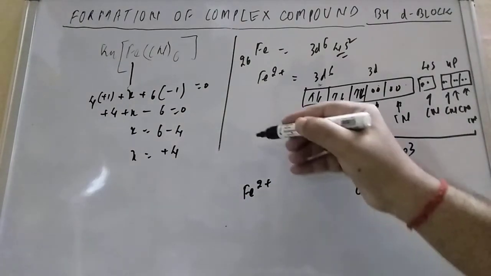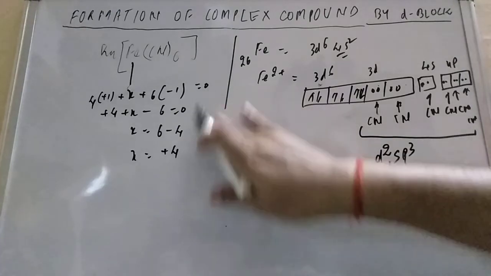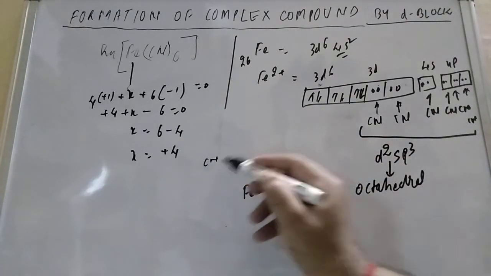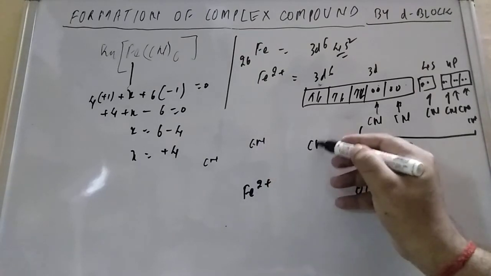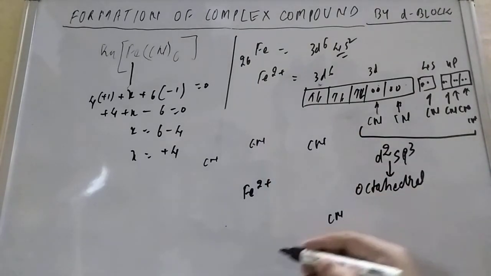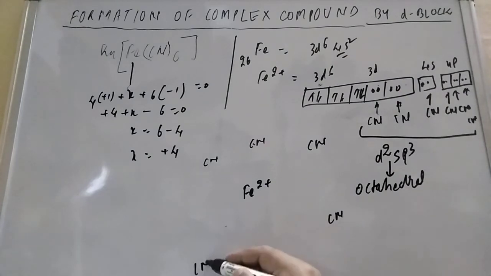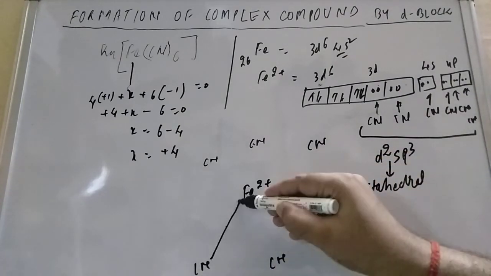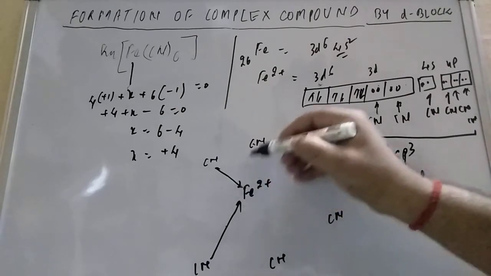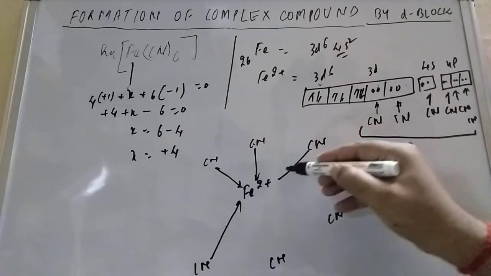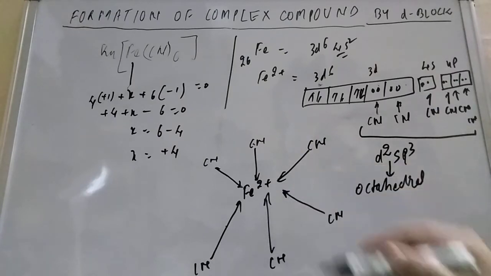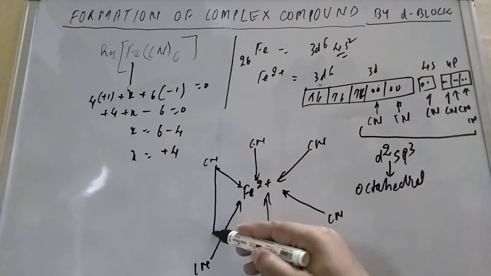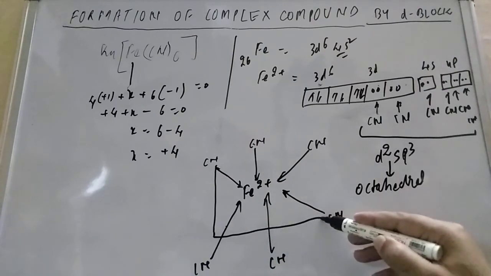How many CN ions are donating to this metal? Put 6 CN here. This will donate like that. This is also donating because a vacant d orbital is there, and this is also donating, and this too. Then what shape will come out?